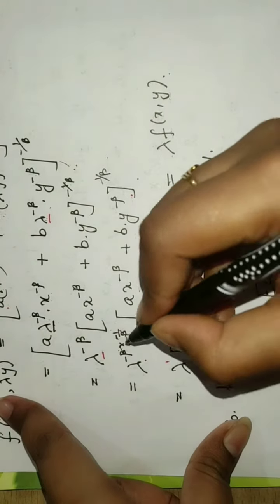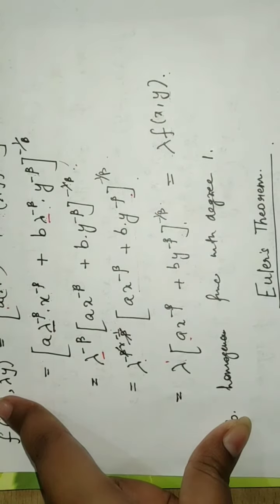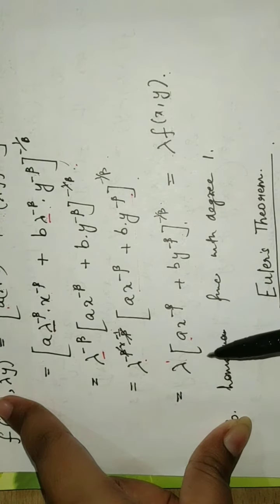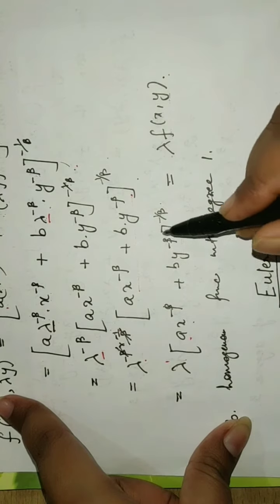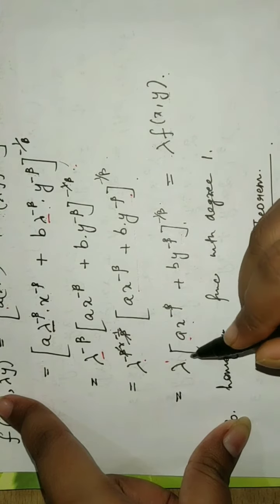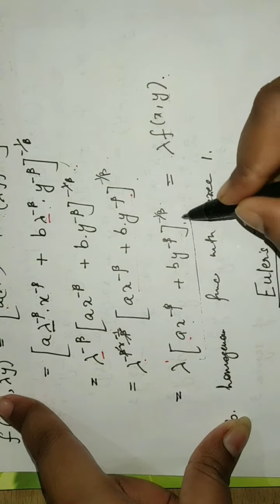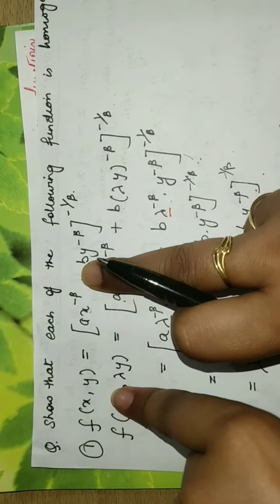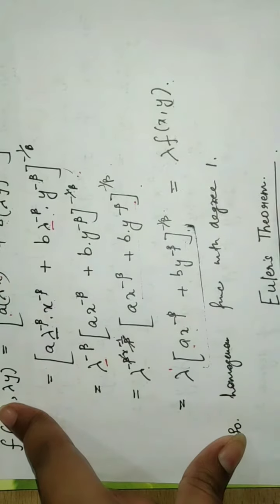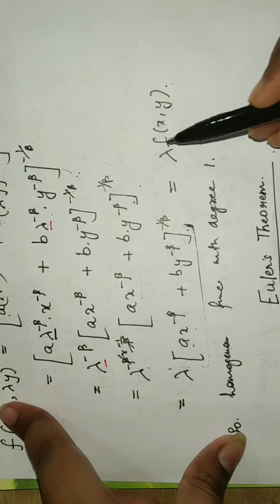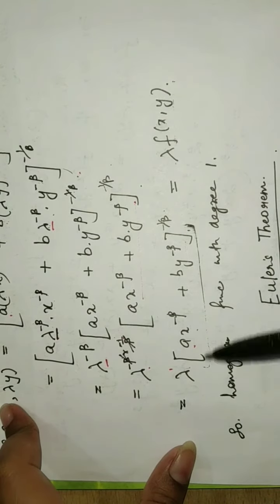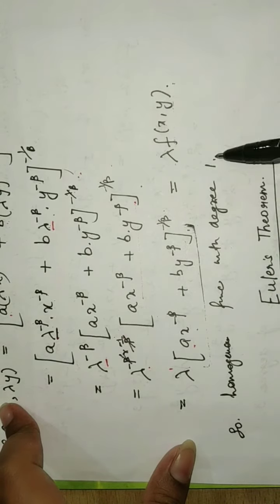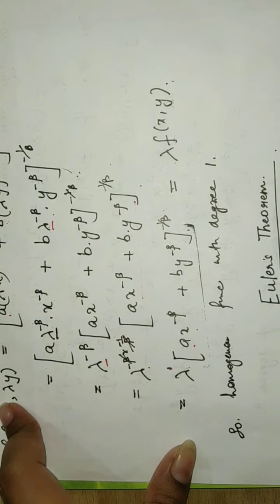Then this will be cancelled: minus minus plus lambda, then a x to the power minus beta plus b y to the power minus beta whole raised to the power 1 by beta. You see, this is the original function. So this becomes lambda f of x y. So this is a homogeneous function of degree 1, because what is raised to lambda is 1.